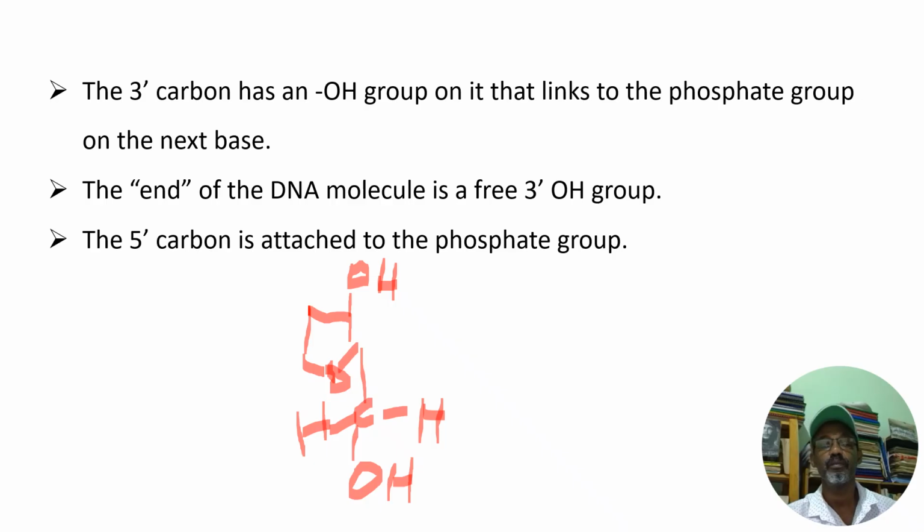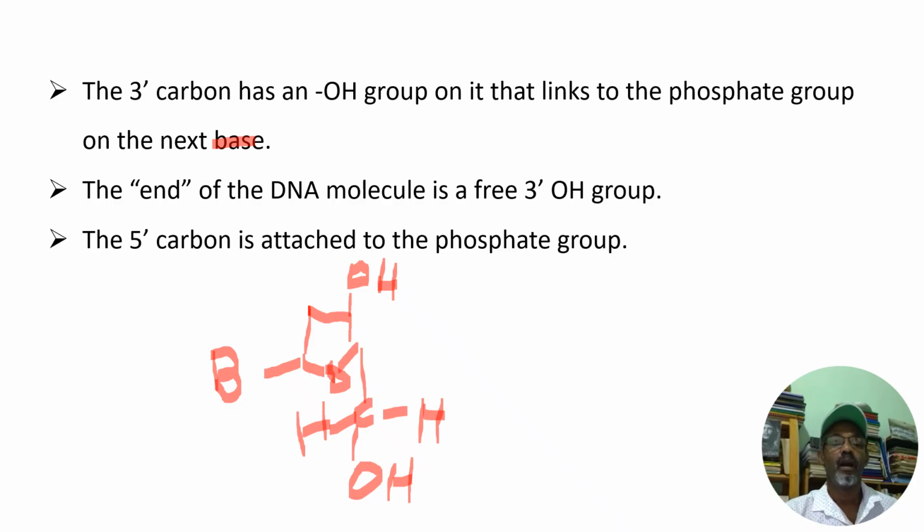On the next nucleotide, you have the sugar and the base here. The base is not connected with either the sugar or the phosphate. The base could be adenine, guanine, cytosine, thymine for DNA, and the sugar is deoxyribose sugar, of course.